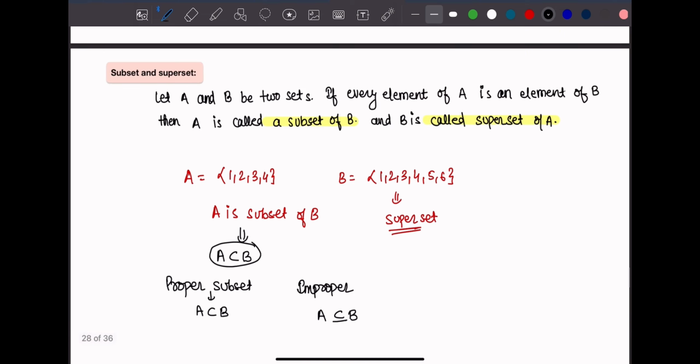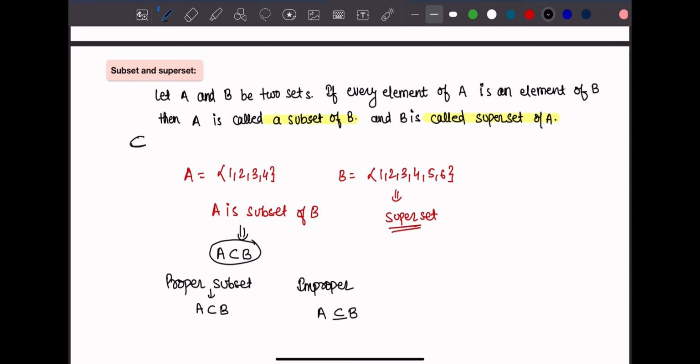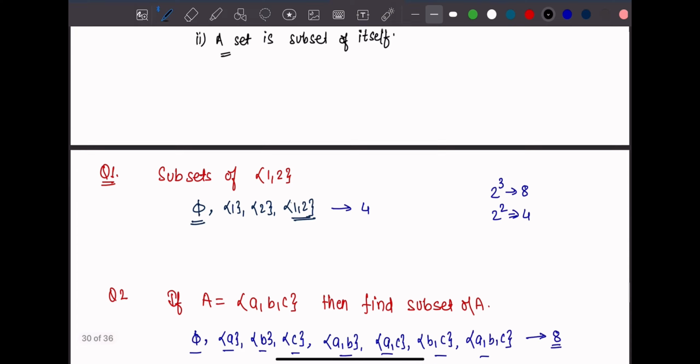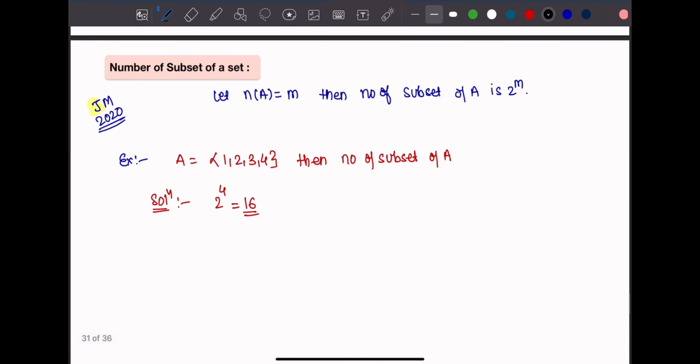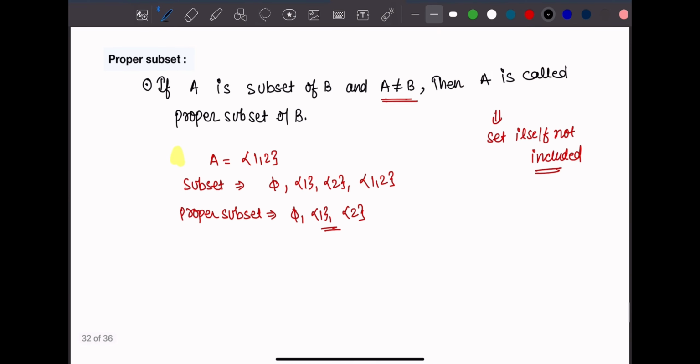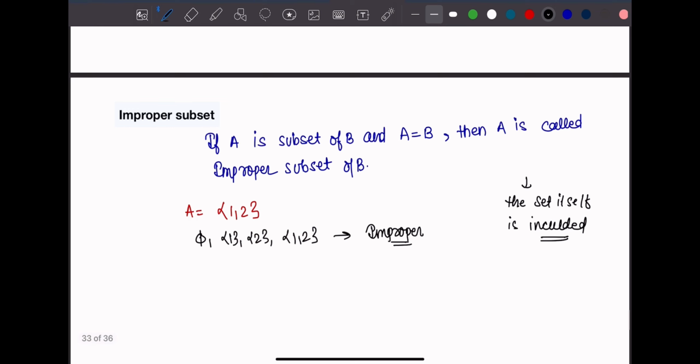So we got the subset symbol likewise. If we are going with proper we will use A is subset of B. That is our proper. And improper is A is subset as well as equal to B.